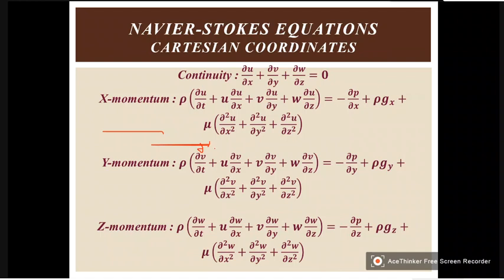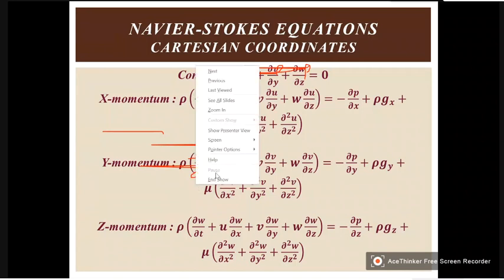dou by dou rho u by dou x, everywhere you will have rho. See, here you will have rho, here you will have rho, and here you will have rho, and all the three rhos are taken outside and they are written in this way.